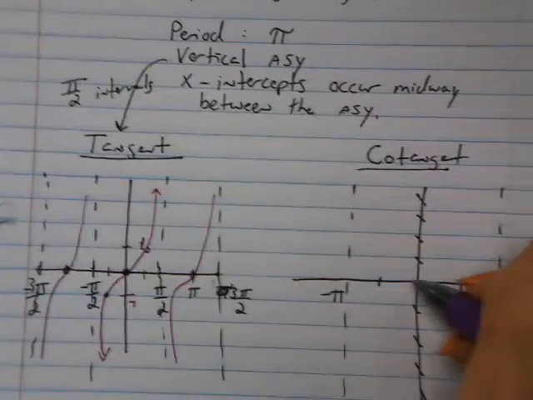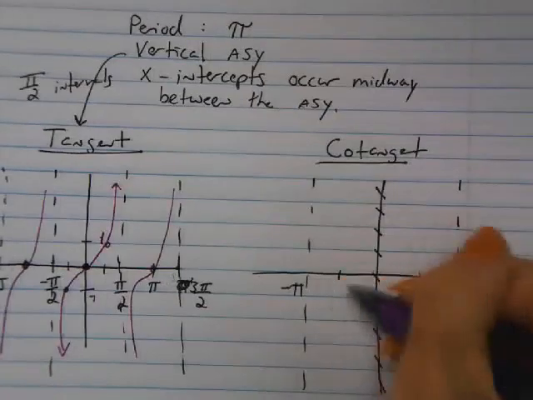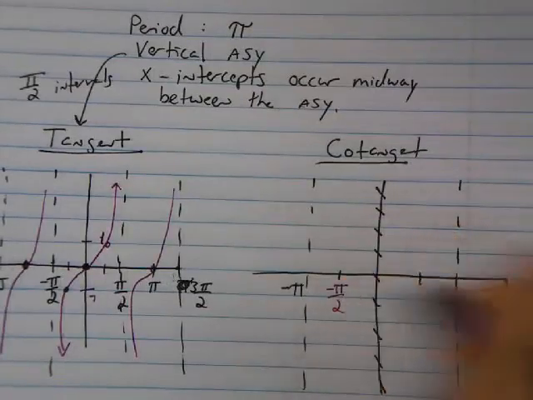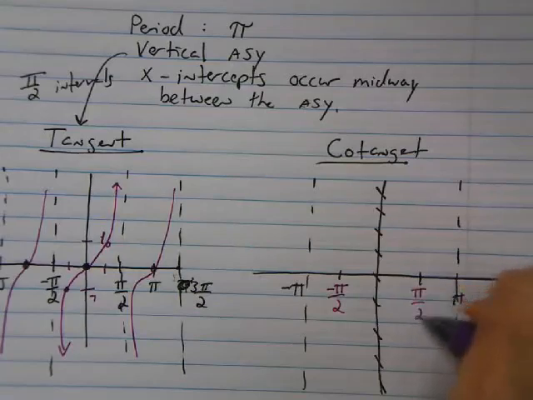This is from 0 to negative pi, so it would be pi over 2, and this would be positive pi over 2.